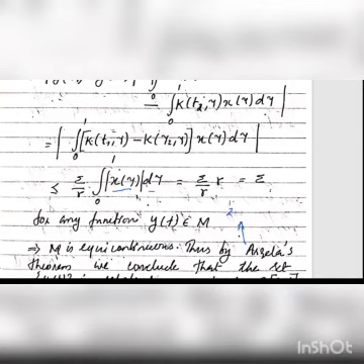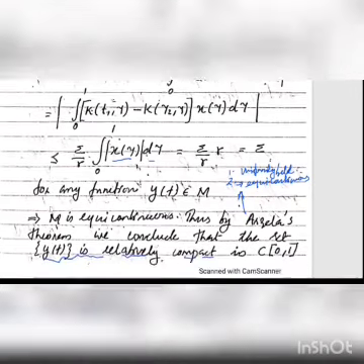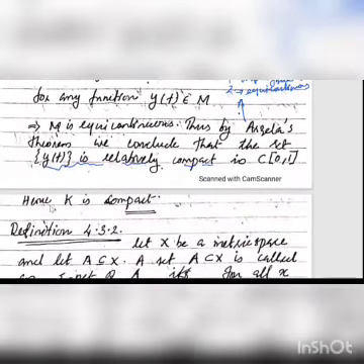The first one is that it is uniformly bounded or bounded in C[0,1]. The second one is that it is equicontinuous. We have proved those two cases here. So we can say that y(t) is relatively compact. Hence K is compact.